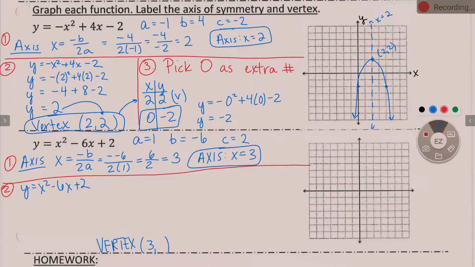And every place I see x, I'm going to put in 3. 3 squared minus 6 times 3 plus 2.